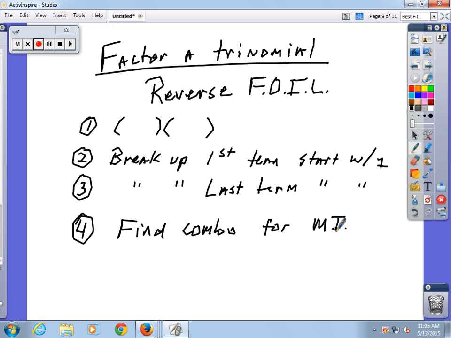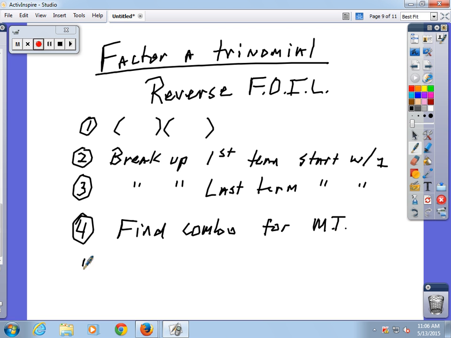What have I not mentioned this whole time? I've gone through 4 steps, and what have I not mentioned? The signs. Because once you get 1 through 4, the signs will fall into place. But what students do is they worry about what first? The signs, and they can't think because they have to worry about the signs. Don't do that.